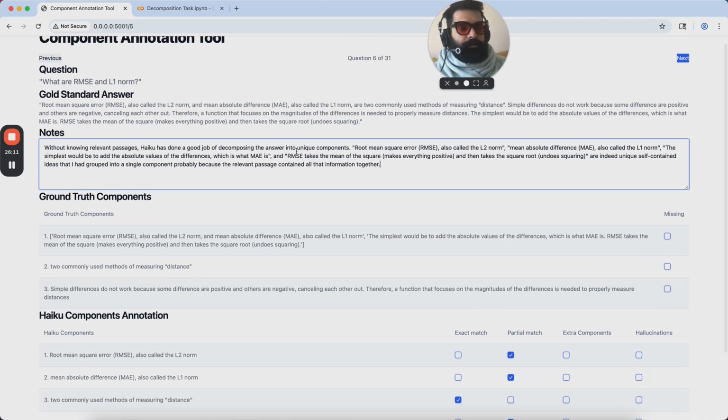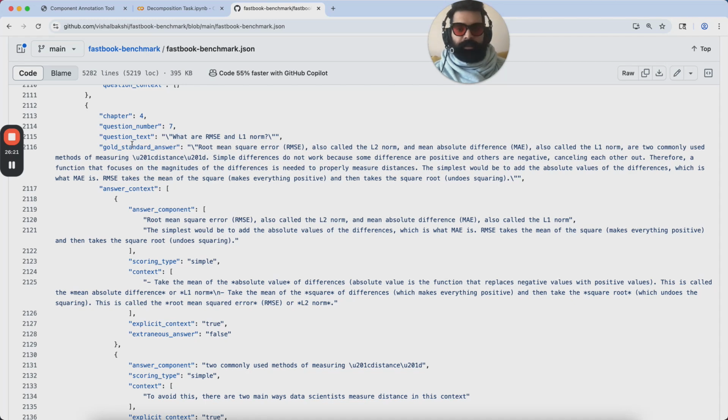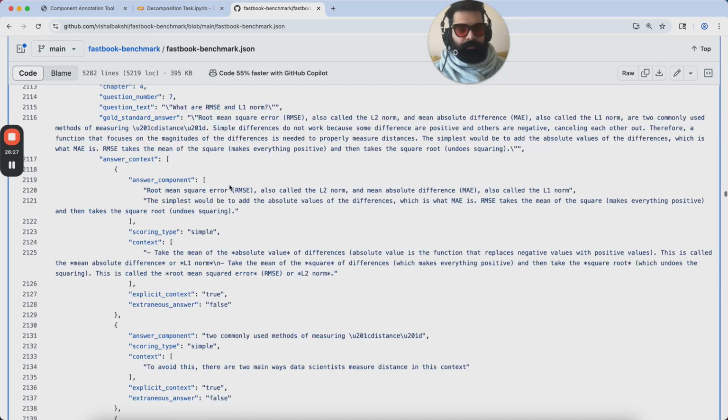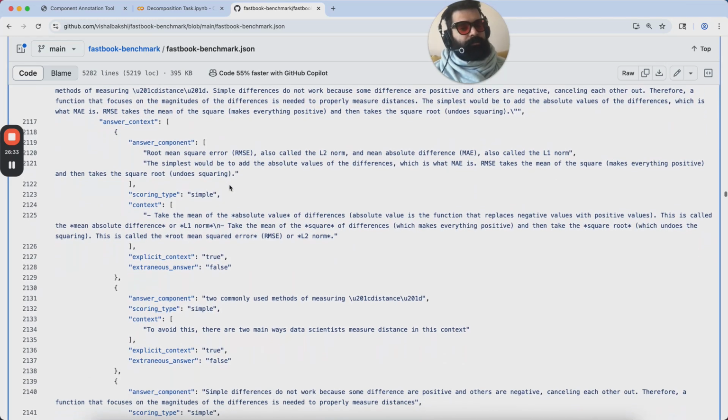And I could also look at that right now. So let me actually pull that up. So if we look at what are RMSE and L1 norm, and we look at that in the actual text, let's see.